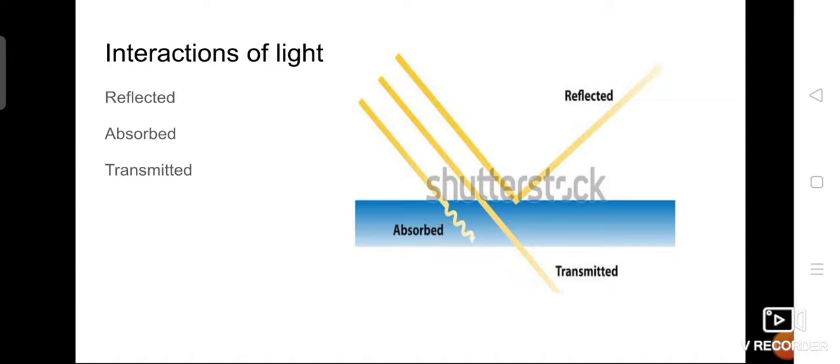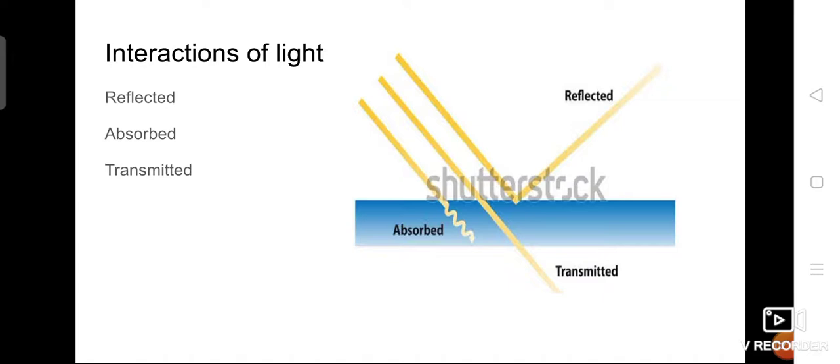That is because when light falls on an object, it interacts in different ways with different objects. Can you understand? For example, in some objects light gets reflected.